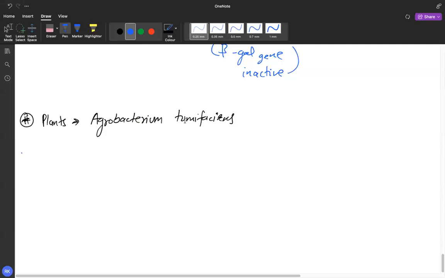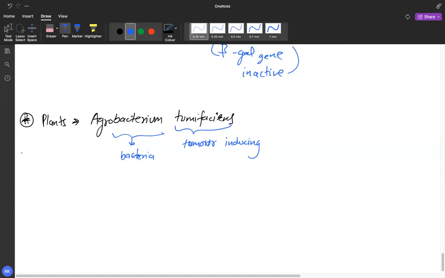Bacterium, it's a bacteria. Tumefaciens means tumor inducing. So it is a tumor inducing plant bacterium, which can induce tumors in the roots of plants.